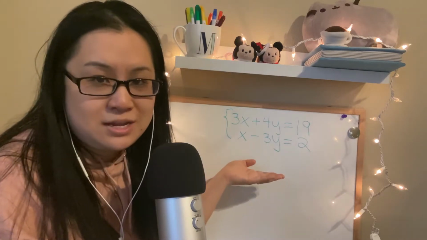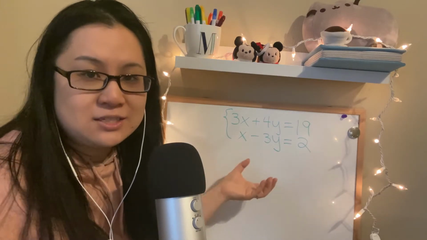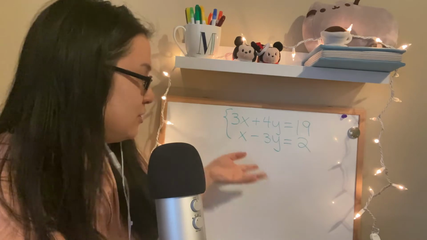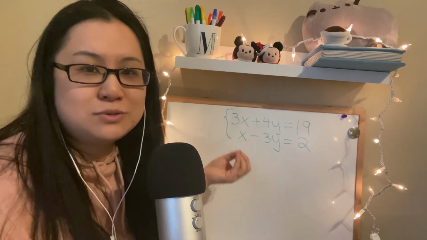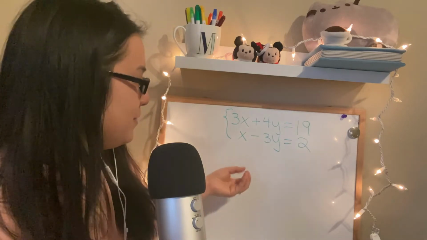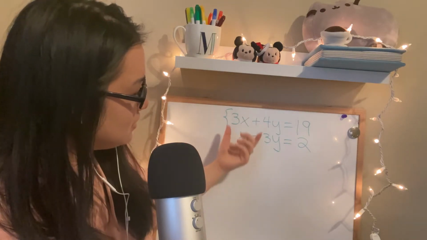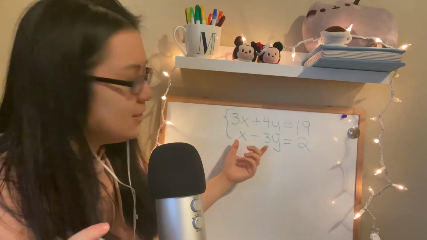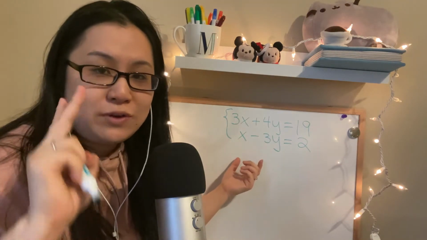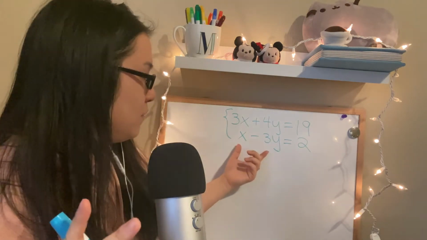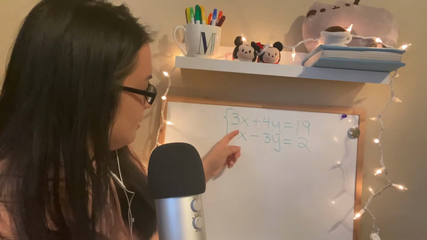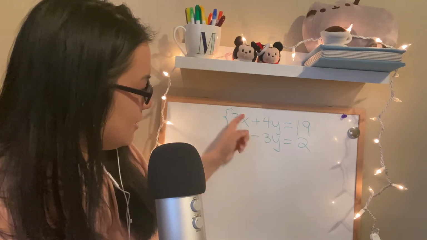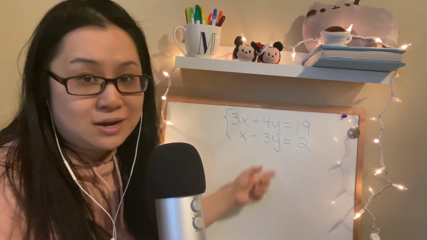So that might be a word or phrase that you'll hear when studying this. I'm just trying to use some words of association here. So together we have a system of equations, and in this case we have two variables that we are solving for. We have x and y, the same x's and y's.